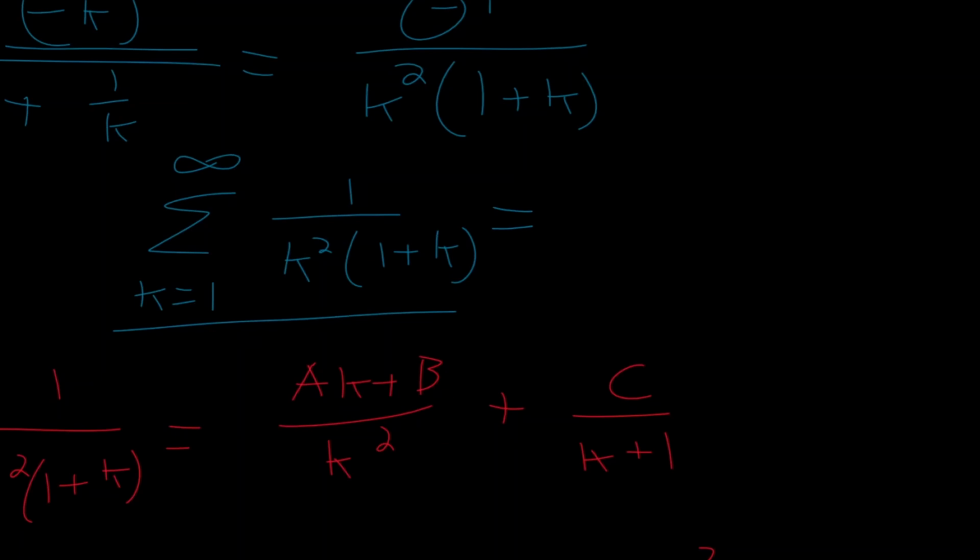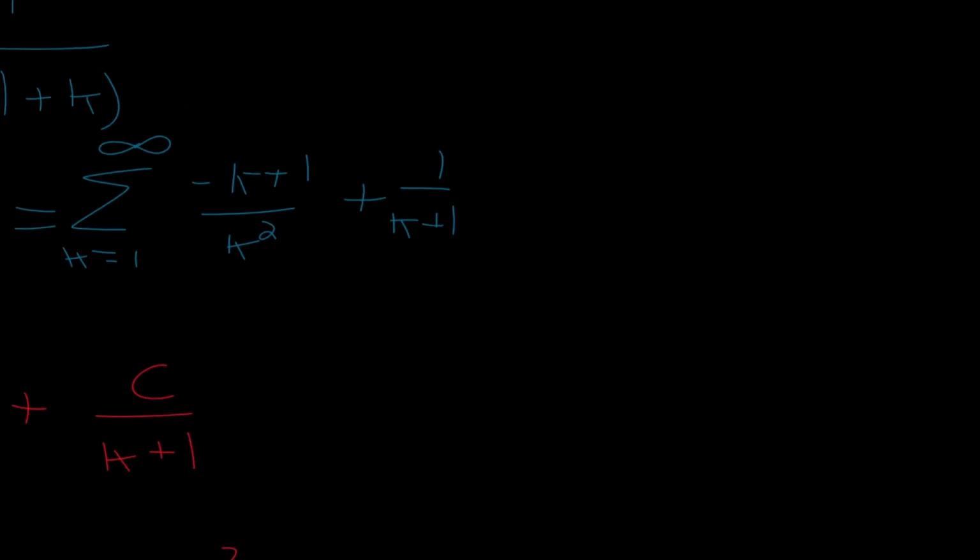This is now equal to still the sum from k equals 1 to infinity, but now we have negative k plus 1 over k squared, and then plus 1 over k plus 1. And we can simplify this quite a bit. We can split this up into two sums.